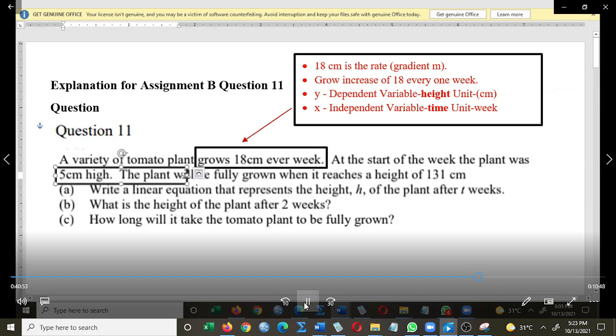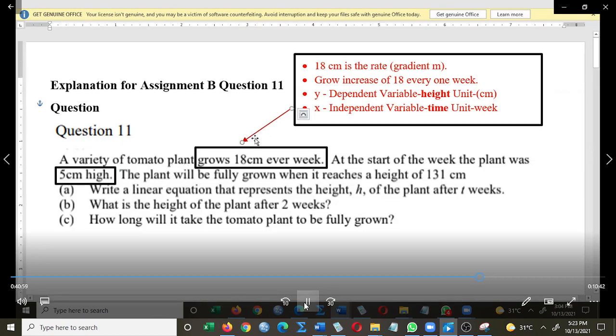The initial height. So in terms of y is equal to mx plus c, that 5 will be the c, isn't that so?